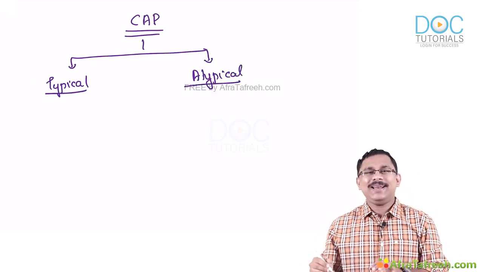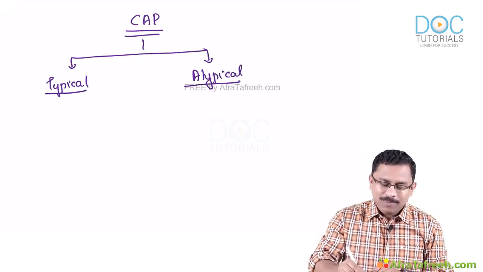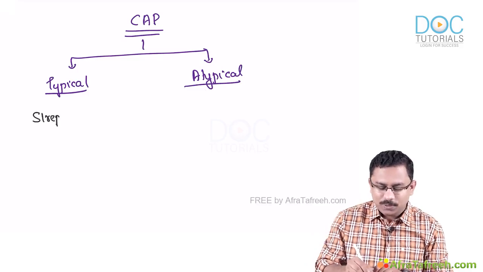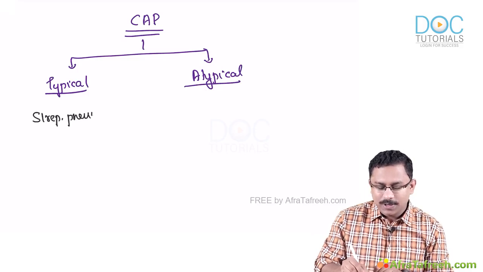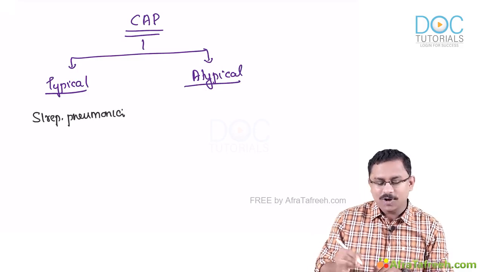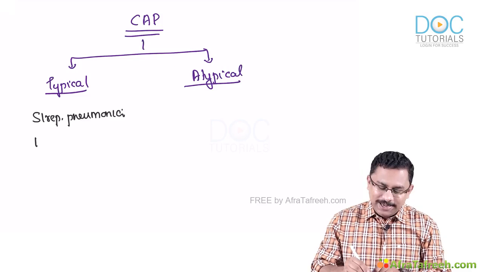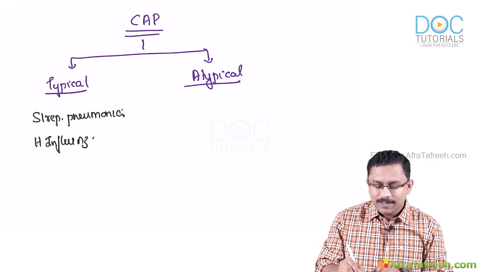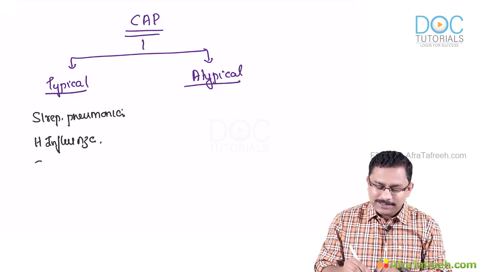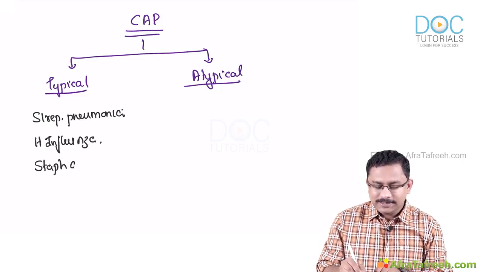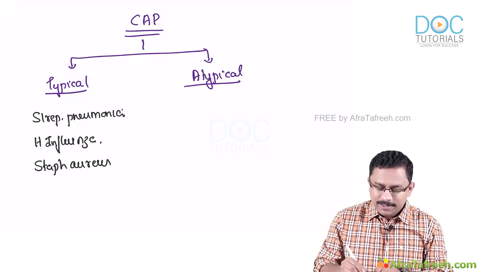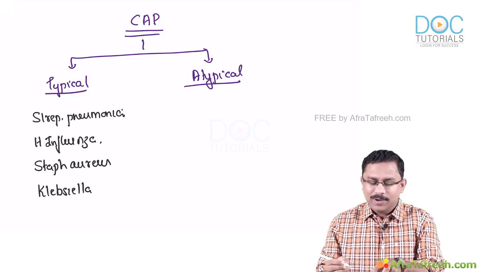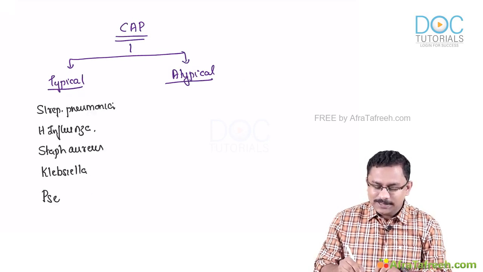Typical, atypical. Now, for typical pneumonia, the most common organism is going to be your Streptococcus pneumoniae, or the pneumococcus. You have H. influenzae. You have your Staph aureus. You have your Klebsiella, and you have your Pseudomonas as well.